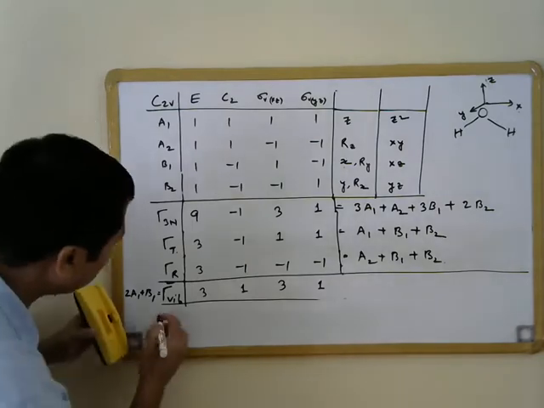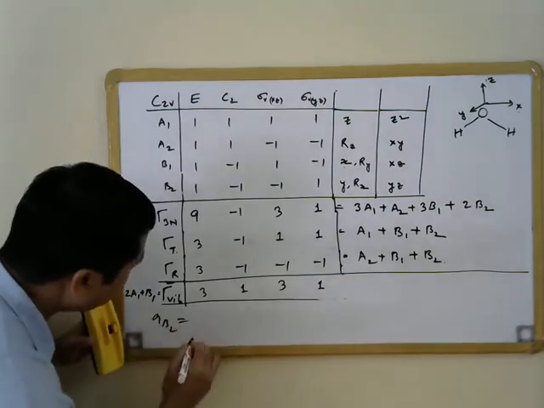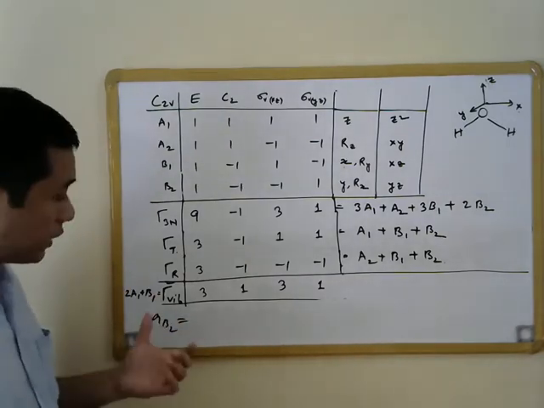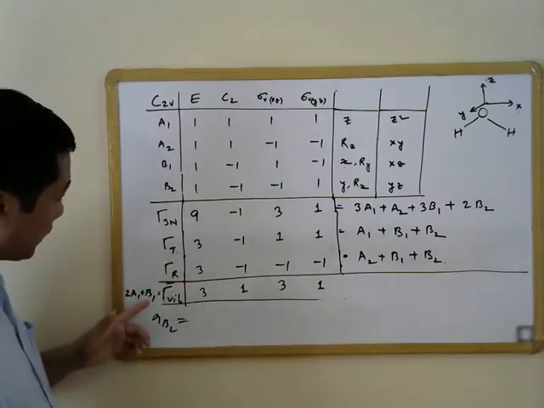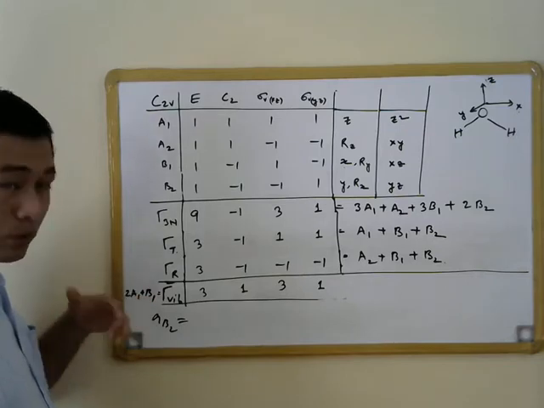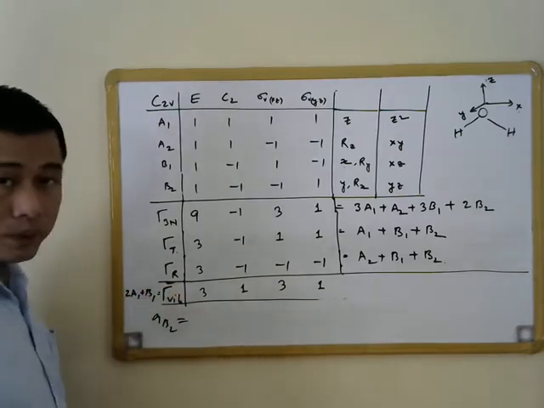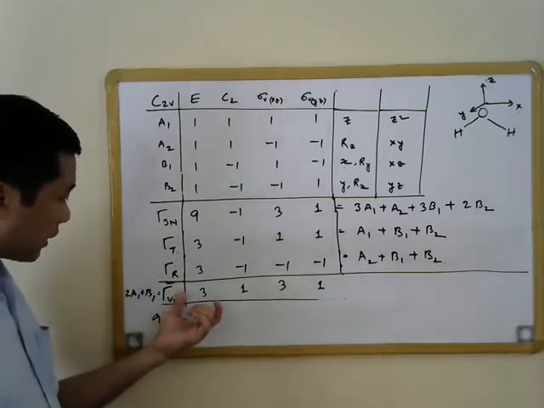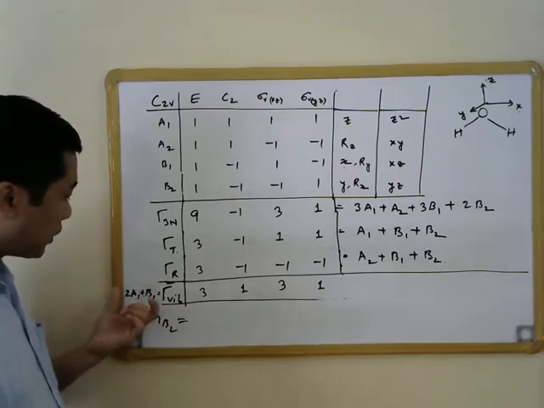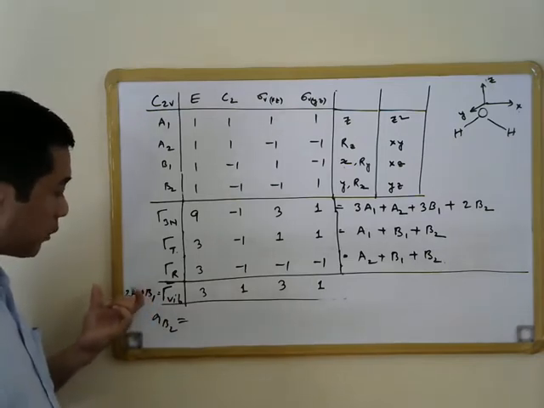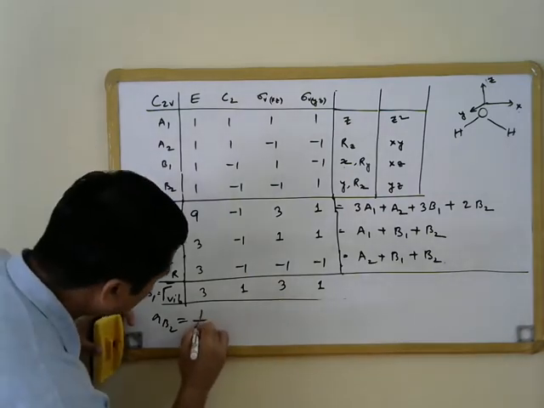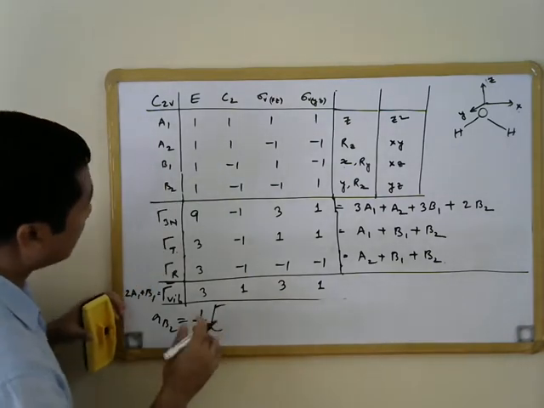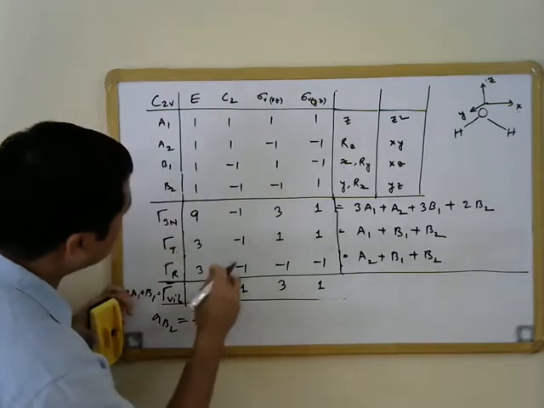Now if we do B2, we know that the answer should be equal to 0, because if it is equal to 1 or 2, then the number of one-dimensional representations would become more, and that cannot be true because only 3 one-dimensional irreducible representations can be part of this 3-dimensional reducible representation. So we will anyway do this and find out whether the answer is equal to 0 or not.